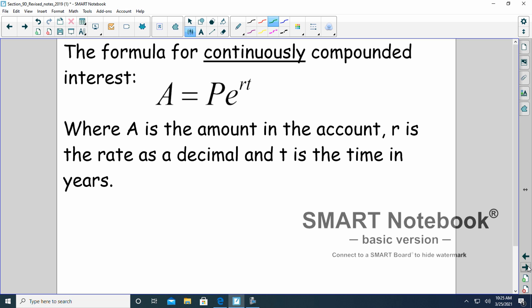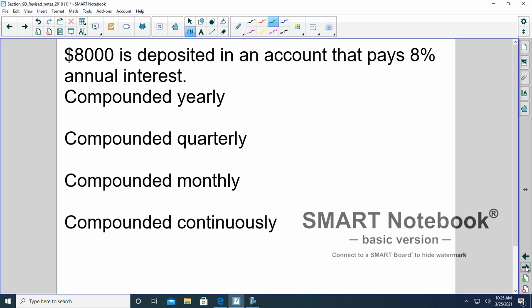So this is a little bit more of how things grow. A lot of times it's done with money. So $8,000 is deposited in an account that earns 8% annual interest, and then we'll say compounded yearly, quarterly, monthly, and then continuously. So 8% I have to realize is 0.08. That's my rate.